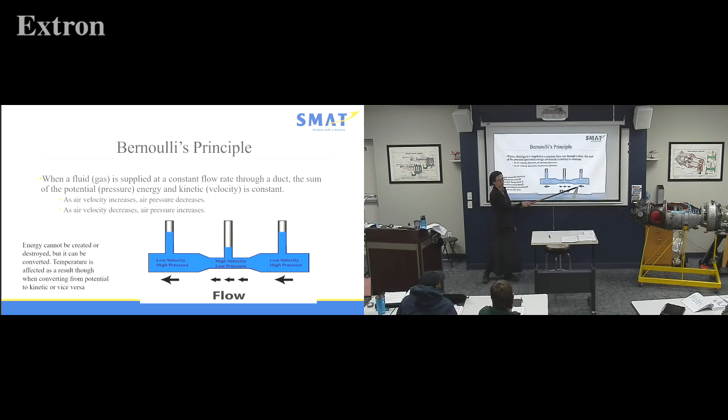And what's happening with pressure? Very good. And then as we come to this duct, what kind of duct is this? Divergent. And what is happening to velocity? Decreasing. And what is happening to pressure? Excellent. So you got it.